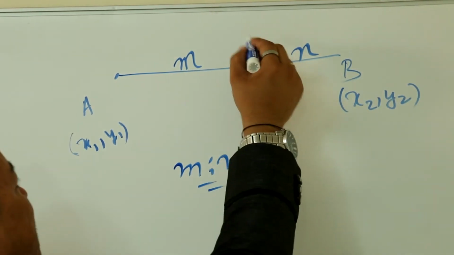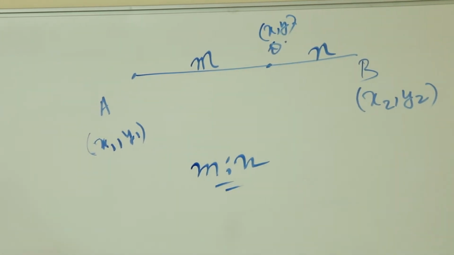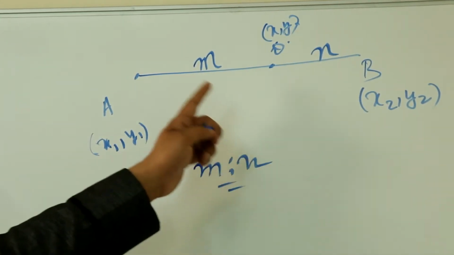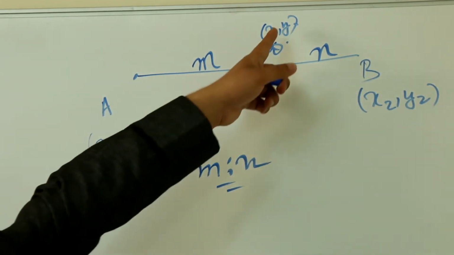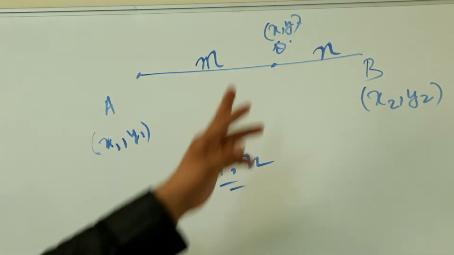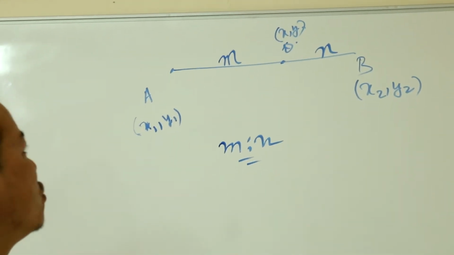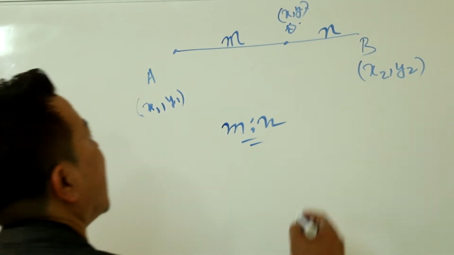So let's suppose this coordinates is x, y. Coordinates of the point which divides the line segment in the ratio m is to n is xy. So how do we find it? How do we find the coordinates of this point? So the formula, as I have told you, is like this.